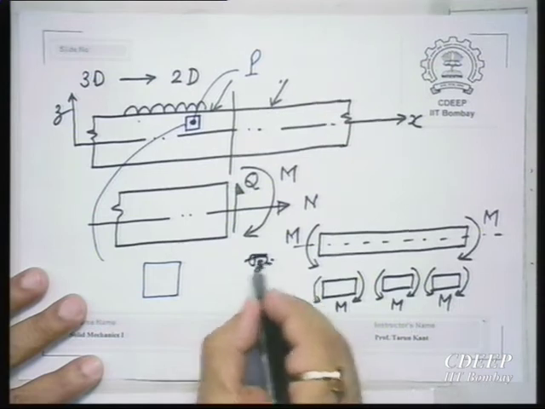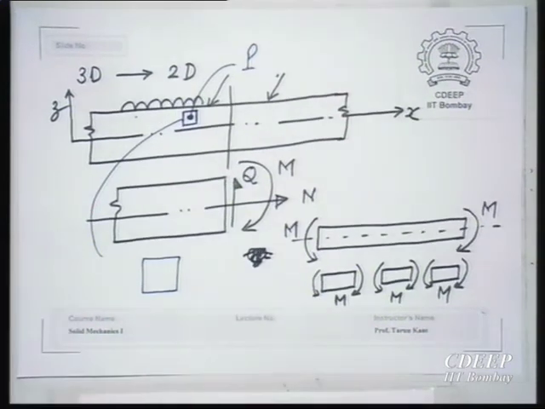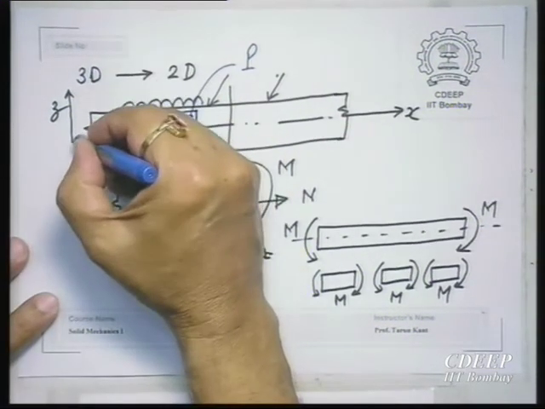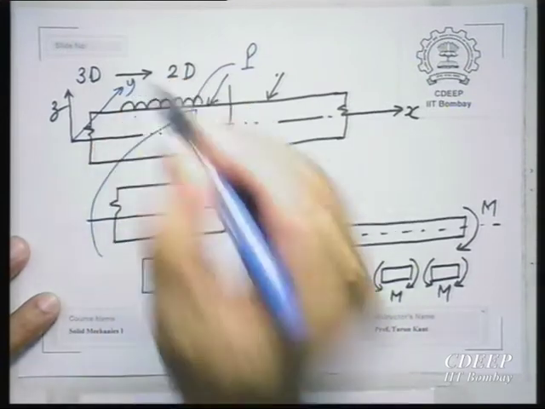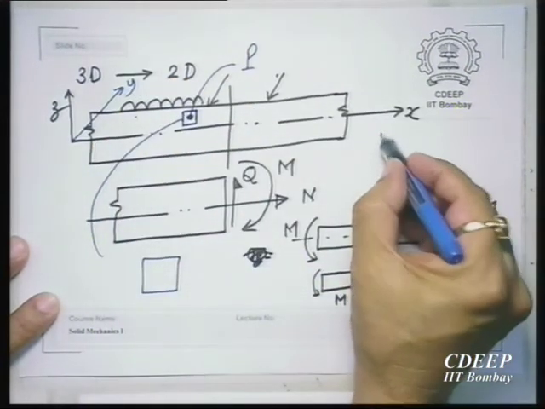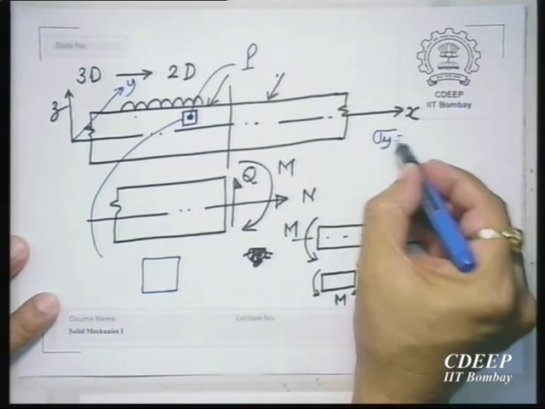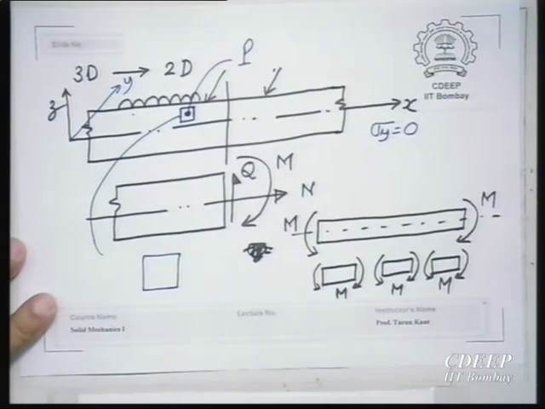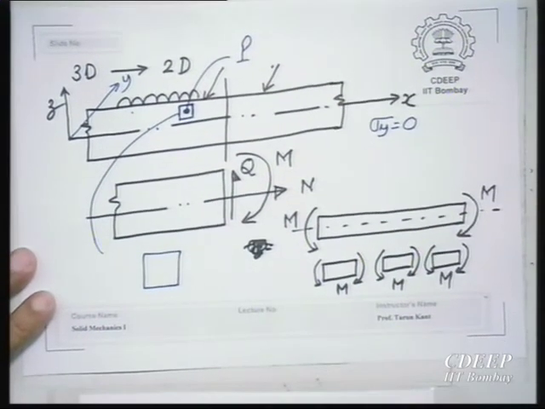Not sigma z, because z is upwards, y is here. So here sigma y will be 0. Will it be 0 or not? Because there is no load in y direction.